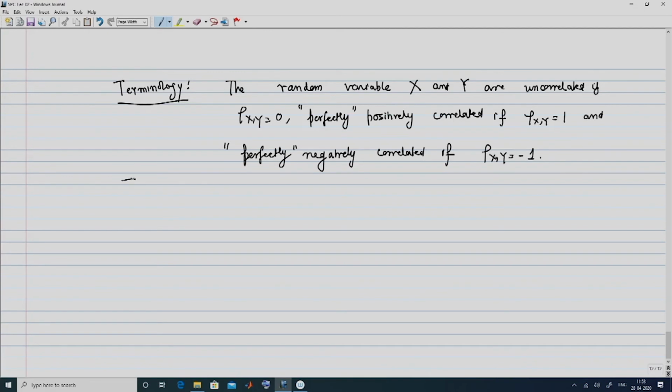Okay, so we conclude this discussion on covariance and correlation with one theorem related to variance of a linear combination of random variables.